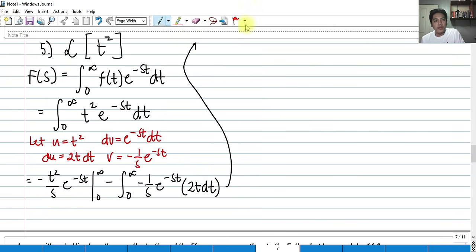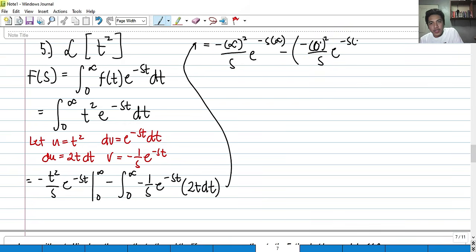So first, we need to evaluate this. Evaluating the limit, we have negative infinity squared over s e raised to negative s times infinity, minus, again minus because of the definite integral, and we have a negative again because the original function is negative, negative 0 squared over s e raised to negative s times 0, minus, that is that minus sign.